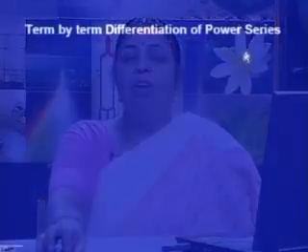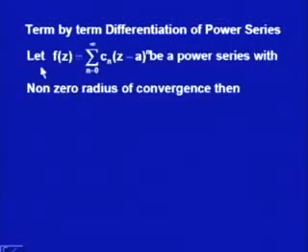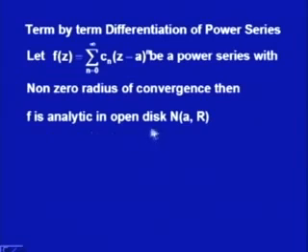Now, if the series is uniformly convergent, then we try term by term differentiation of power series. For this we have a result which states: let f(z) be a power series in powers of z minus a with non-zero radius of convergence. Then f is analytic in a disk centered at a and of radius r.